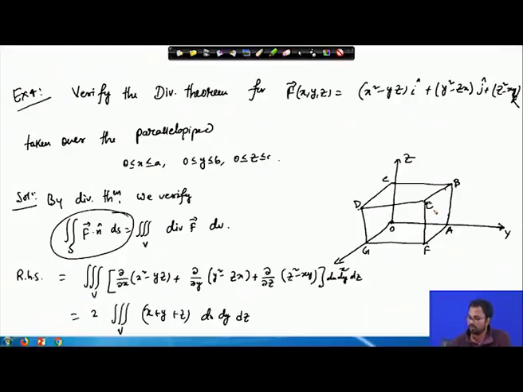So, surface integral on this part, on this part, on that other side, this side and the downside of that parallelepiped. So, basically there will be 8 sub surface integrals, and when you sum them, that is when you obtain this surface integral here.